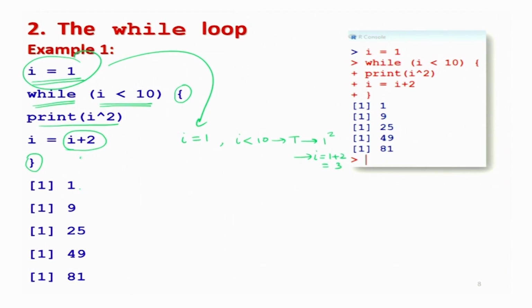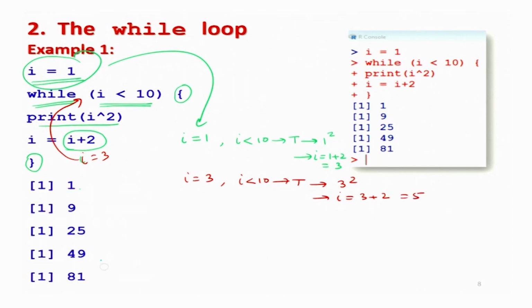After it has chosen I equal to 3, the control will go back to this while condition, and it will take this value of I and check whether I is less than 10. So, 3 is less than 10, the condition is true. So, it will print 3 square, and then I will be replaced by 3 plus 2, which is equal to 5.